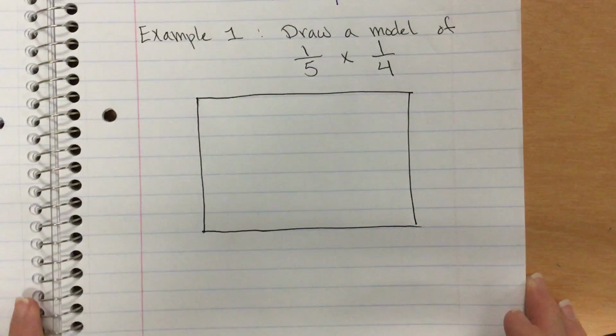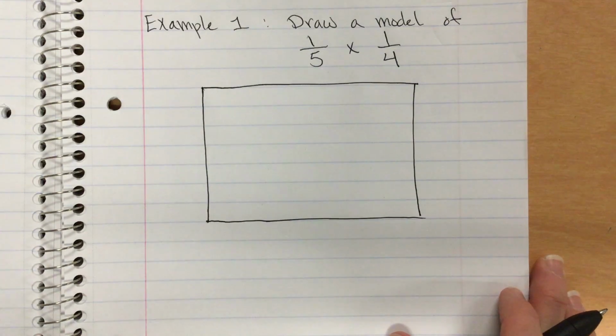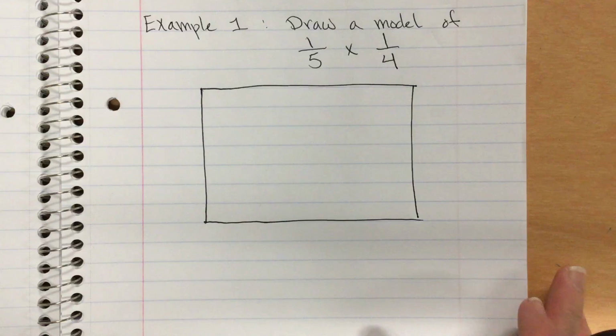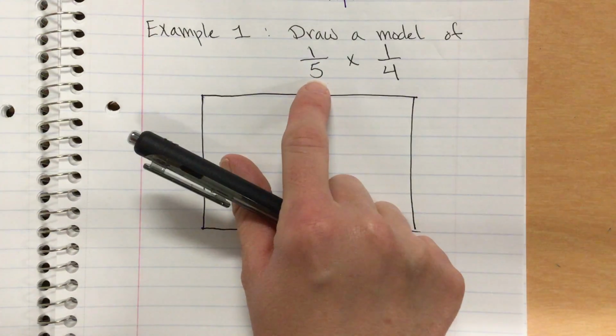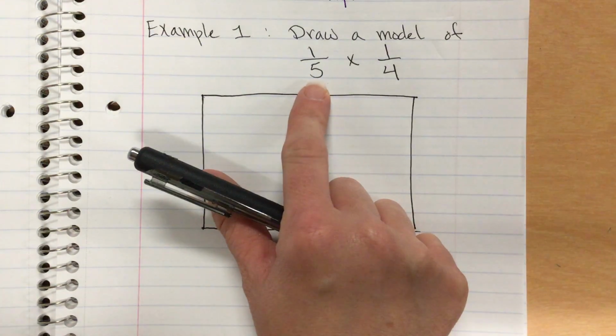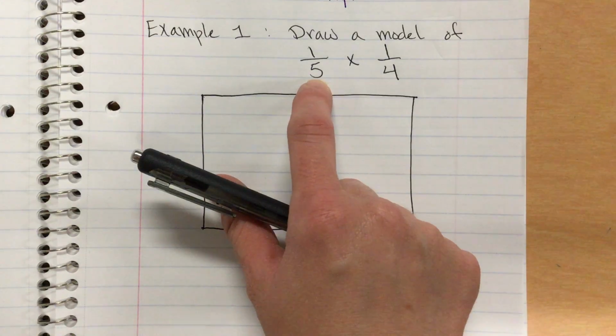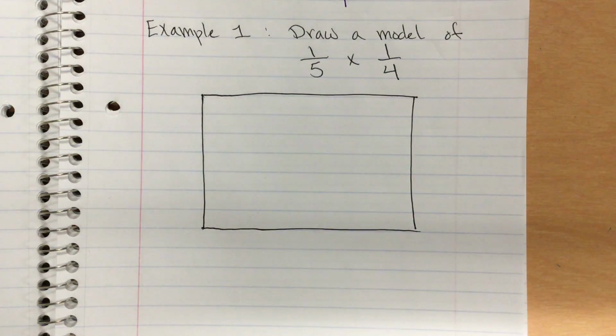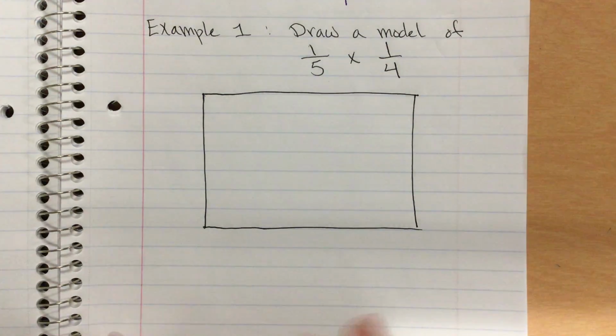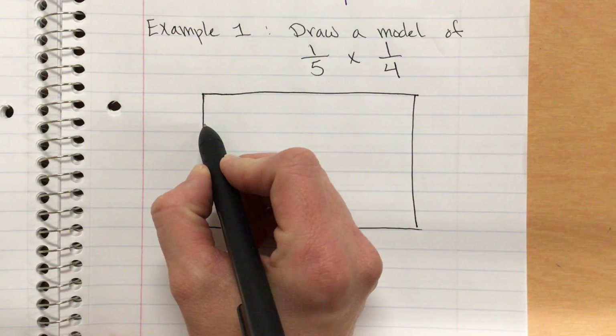Doesn't have to be perfect, just try to make it neat, okay? First we're going to start with 1/5. My denominator in 1/5 is 5, so I'm going to split my model into 5 rows to represent that denominator.